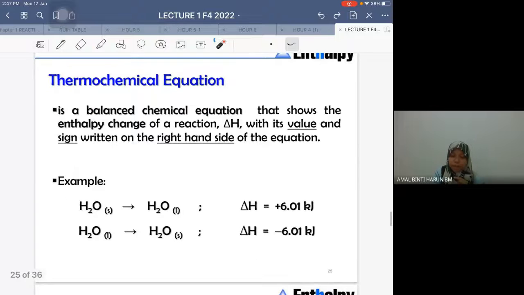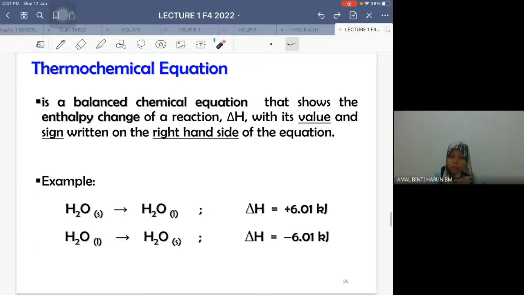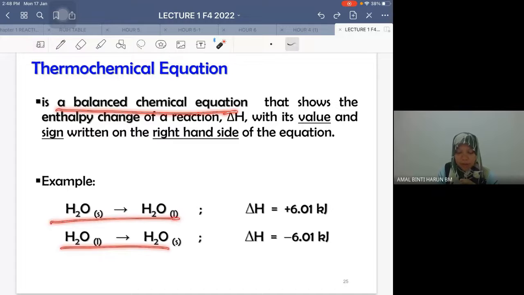Okay. Tadi thermochemical equation untuk setiap enthalpy, 6 enthalpy yang saya telah terangkan, saya tunjukkan sekali macam mana nak tulis thermochemical equation. Okay. So now I simplified. For thermochemical equation, it must contain, okay, kat sini lah, tengok je lah definition dia. It's a balanced chemical equation. So macam mana nak balance dia, mesti refer kepada definition sebelum tu.